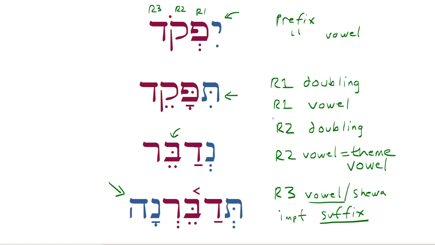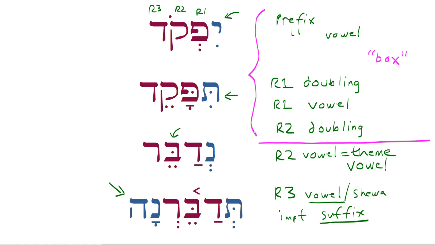It's worth noting here that the Fuller and Choi textbook talks about the first set of characteristics, down to but not including the theme vowel, as what it calls the box characteristics. And so the prefix, if it exists, the prefix vowel, R1 doubling, R1 vowel, R2 doubling, is referred to as the box.